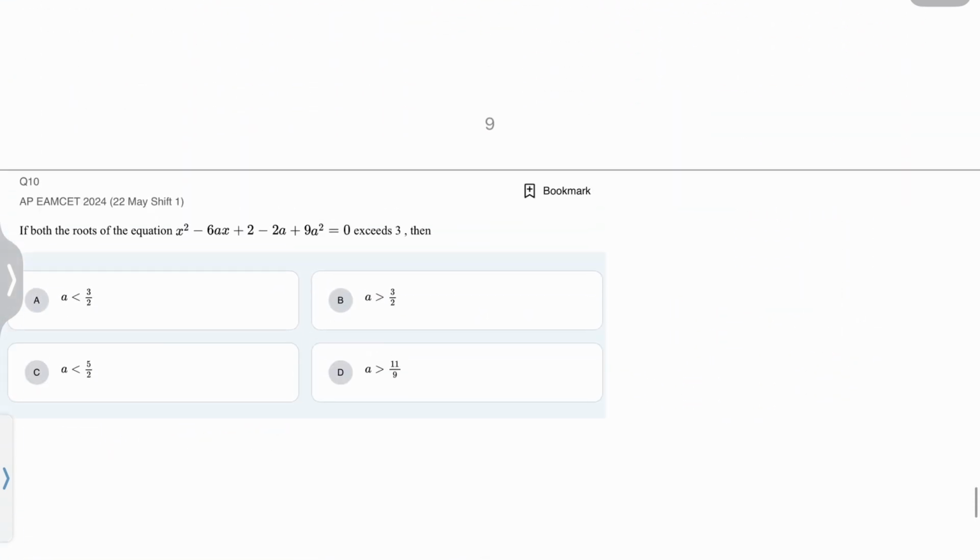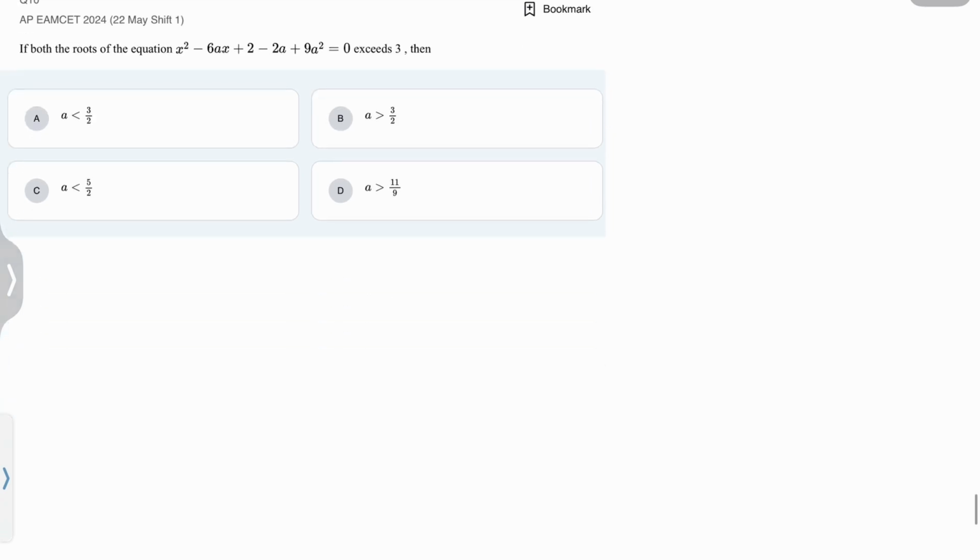Next question. If both the roots of the equation exceed 3, what is the condition on the nature of roots? Suppose any parabola is given where both roots are greater than 3.